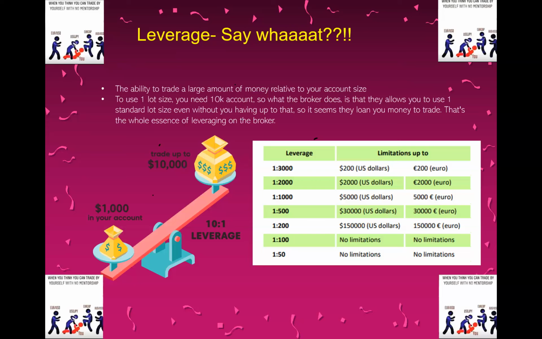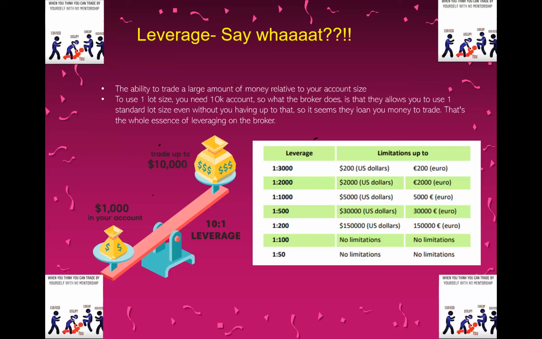So if you want to register, they will allow you to choose leverage. You'll be able to choose the leverage that you want when you register on the broker's platform. So let's assume that I choose the lowest one here, which is 1 to 50.